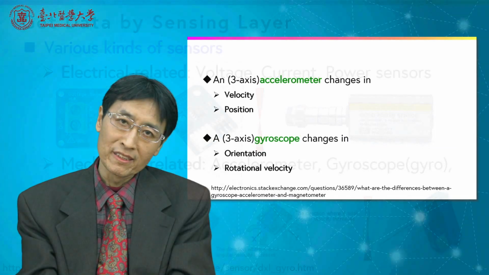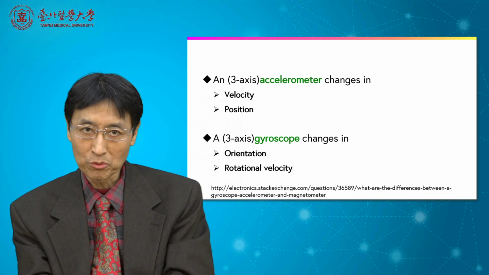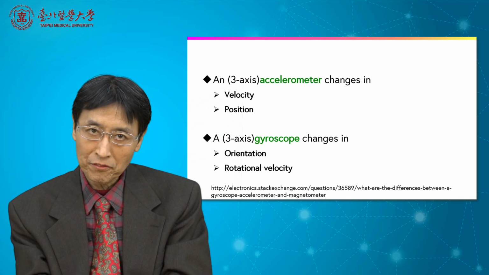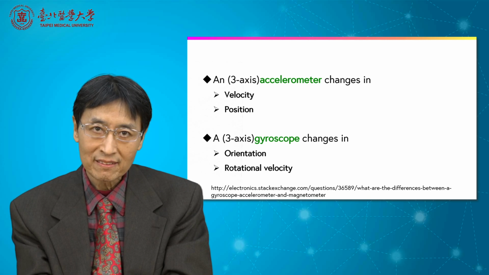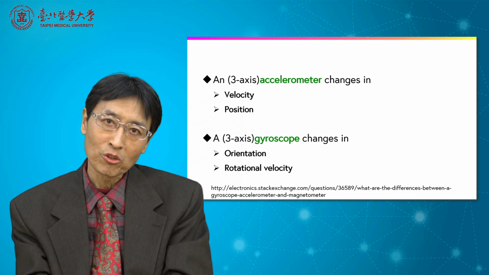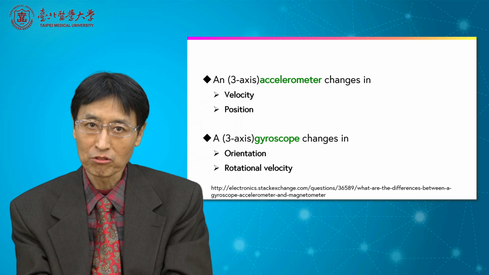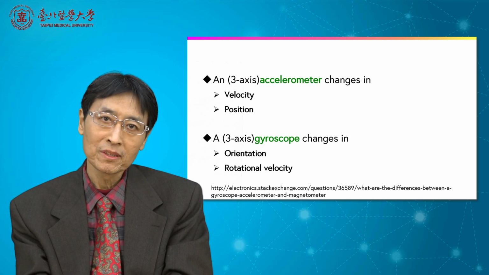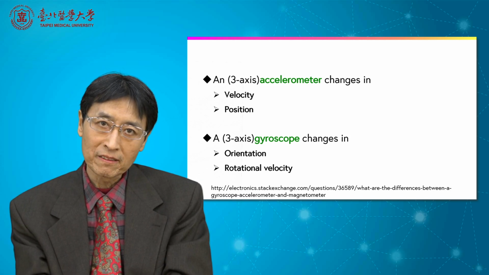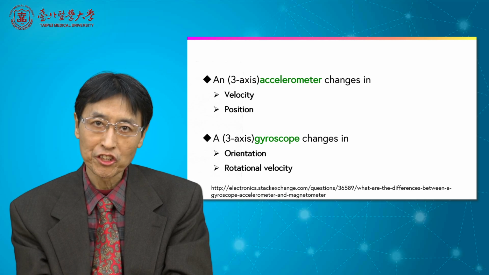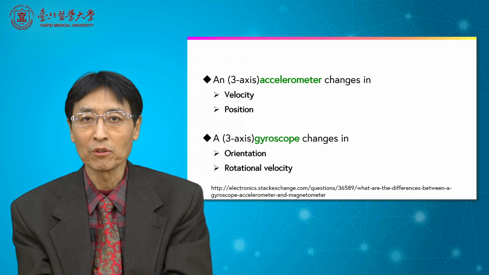Okay, now we can see more. This is a slide as we said. You can look at the difference between the three-axis, three-direction accelerometer and the gyroscope. So first, basically the accelerometer measures change in velocity in three different directions.